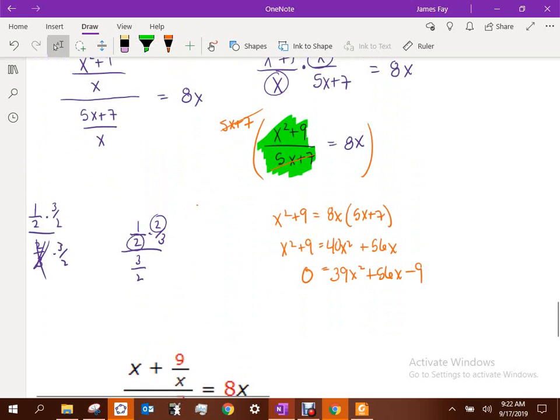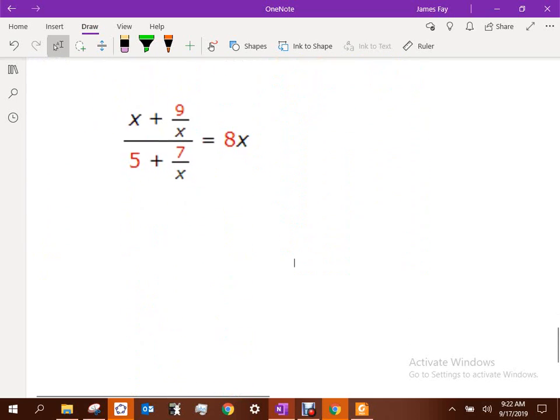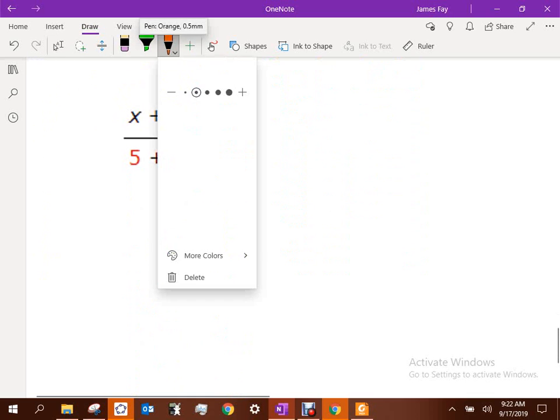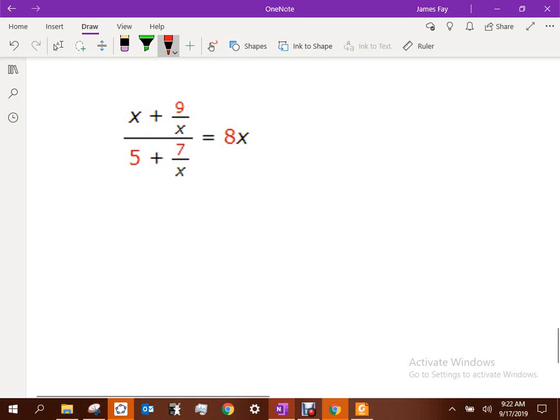And it is exactly what we did here. We multiplied by the denominator to get rid of 5x plus 7, right? Well, what if we just did that at the beginning? What if we, right here, multiplied by 5 plus 7 over x, and come over here and multiply by 5 plus 7 over x? What's going to happen with that denominator?